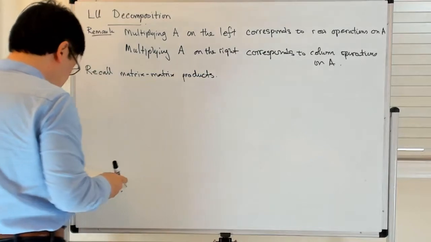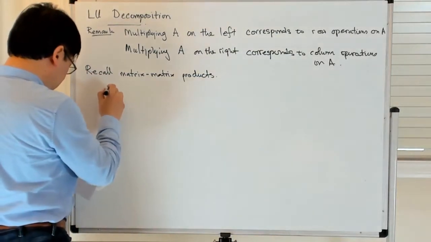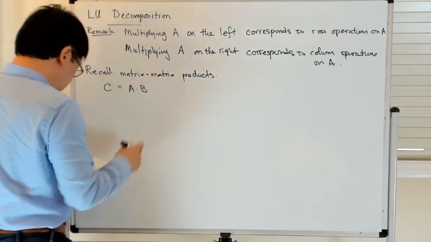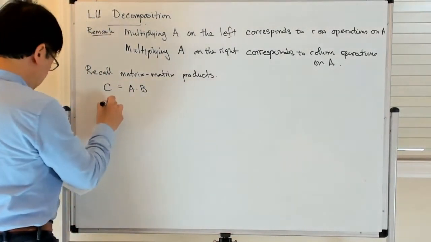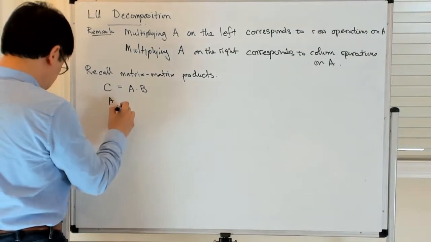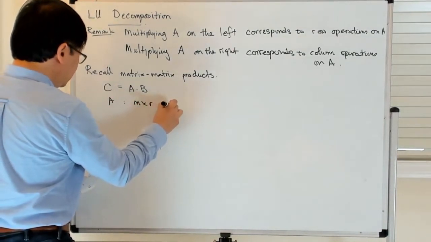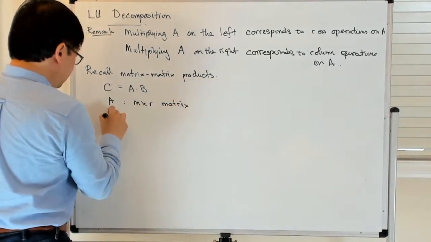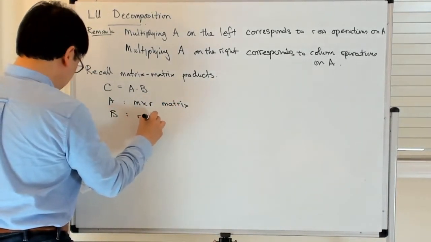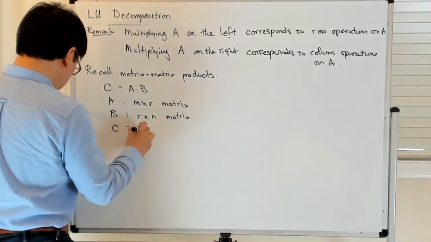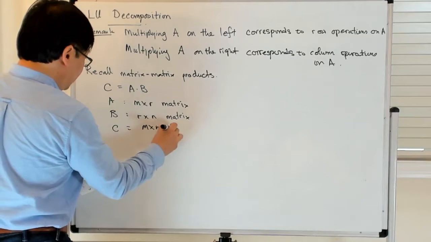If you have C equal to A times B, A could be an M by R matrix, B is an R by N matrix, and then C, which is the product, will be an M by N matrix.